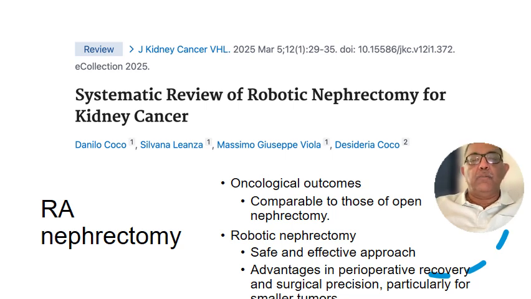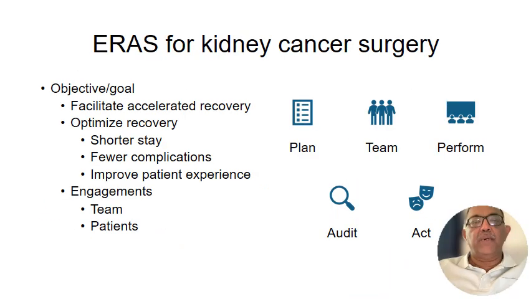We know that robotic surgery is becoming increasingly common, and after the successful implementation of radical prostatectomy and then radical cystectomy, radical nephrectomy and partial nephrectomies are also becoming standard operating protocols.